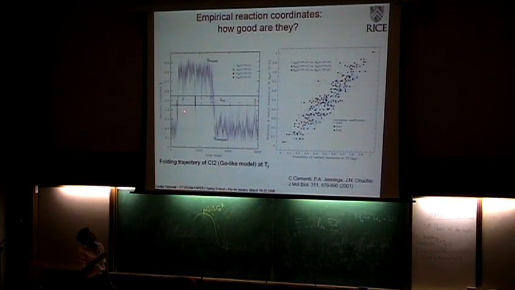We divide them into different groups according to whether they are in a productive route from the unfolded to the folded state, or in an unfolding event from the folded to the unfolded, or they are just recrossing: an attempt to fold that goes back, or an attempt to unfold that goes back. And if we look at the probability of forming particular structures in the 4 different groups, it correlates very well.